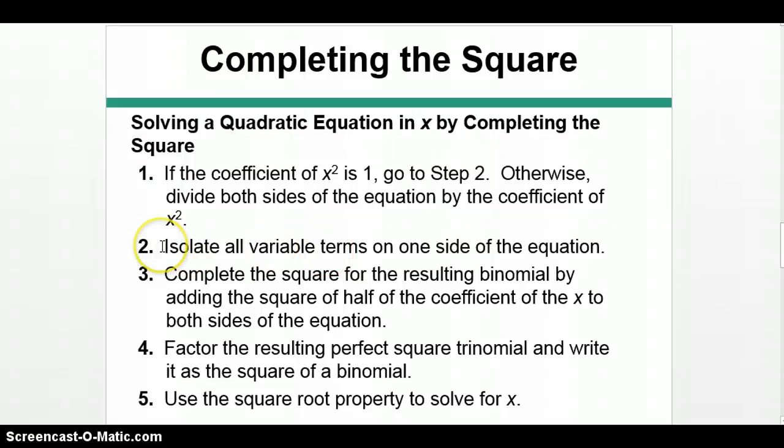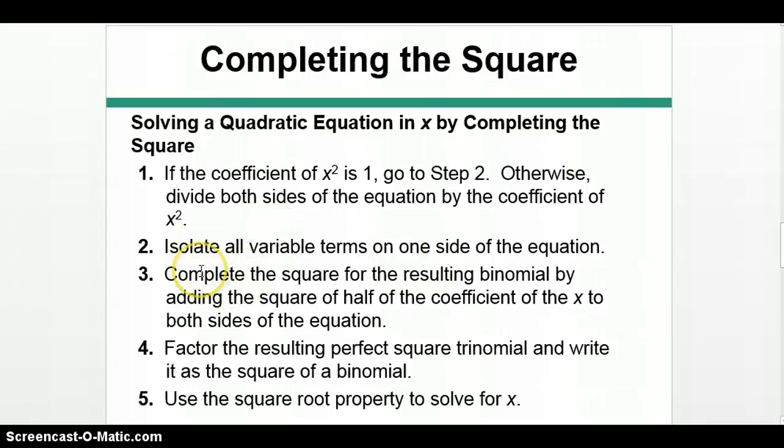Now in step 2, isolate all variable terms on one side of the equation. If there is any variable, we keep it on one side, and the constant we keep on the other side of the equation.